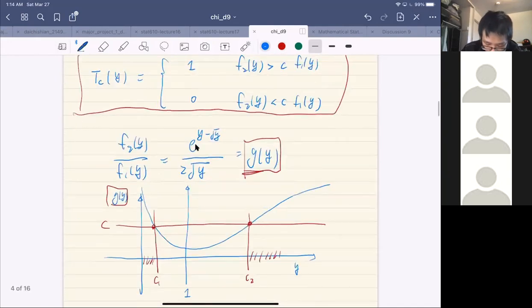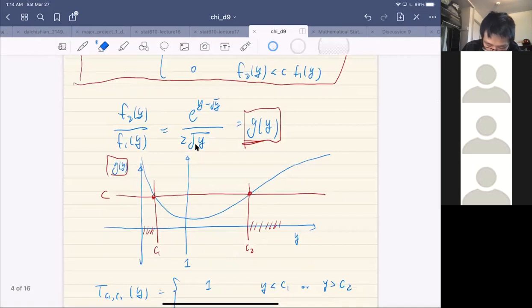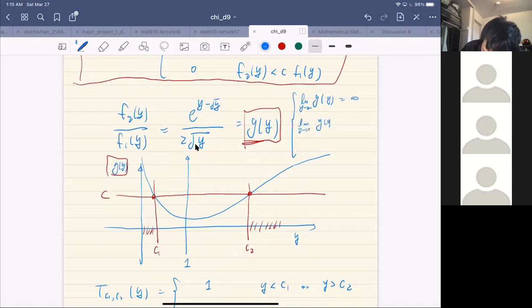And when we figure out if G is monotone, you just find the first derivative, and there's only one solution. You can also see that G at negative infinity is infinity, and as y goes to infinity it is also infinity.